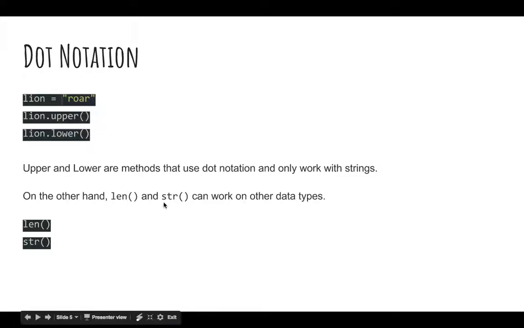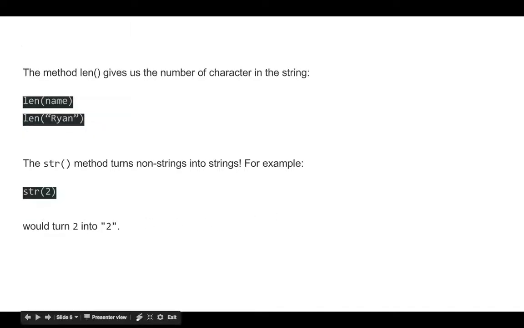Len and str, sorry, length and string work with other data types. But what do they do? Length gives us the number of characters in the string. So if I have the variable name, and I don't know how many characters I have here, I can use it like this.